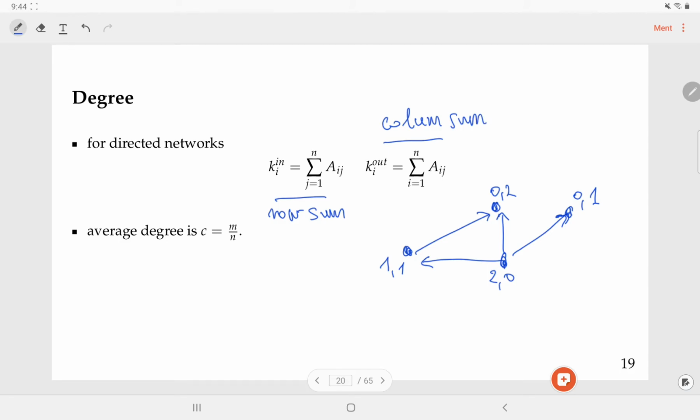What I mean with row sum and column sum, maybe I can demonstrate the column sum here: one of the columns, j, is fixed, and then the running index goes through the elements in that column. And from here, it's also true that the average degree is half of the average degree if the graph was undirected.